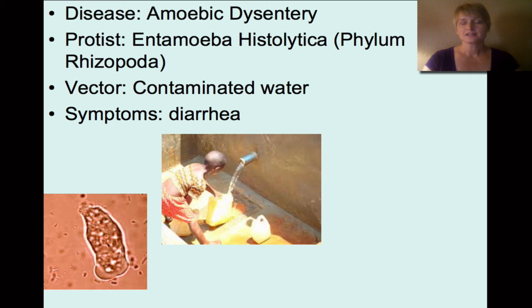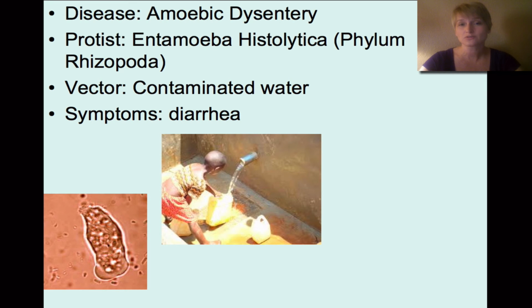And a lot of people think contaminated water would be really easy to look at and tell if it's contaminated or not. But this protist can live in clear running streams, and so it's really important that you not drink a water source unless you know that it is clean running water that's been filtered or processed.